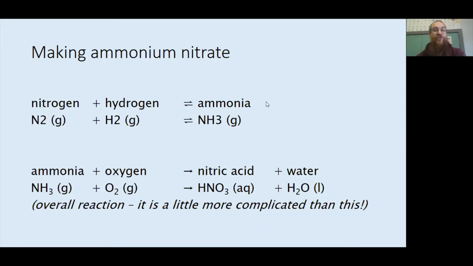We then use some of that ammonia to react it with oxygen to make nitric acid and water. That's the overall equation. It takes several steps to make that. We can then react the rest of the ammonia with that nitric acid in a neutralization reaction to make ammonium nitrate.